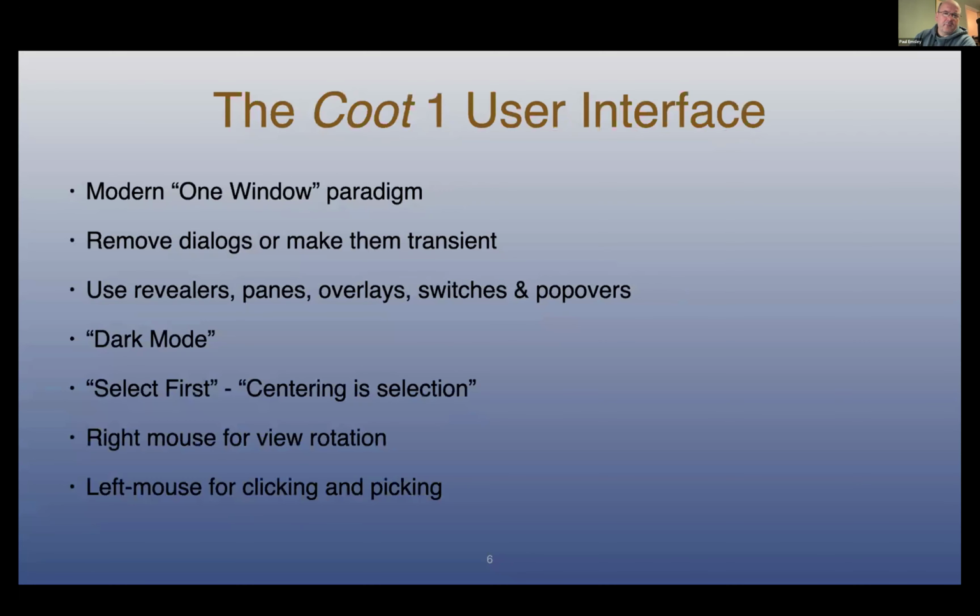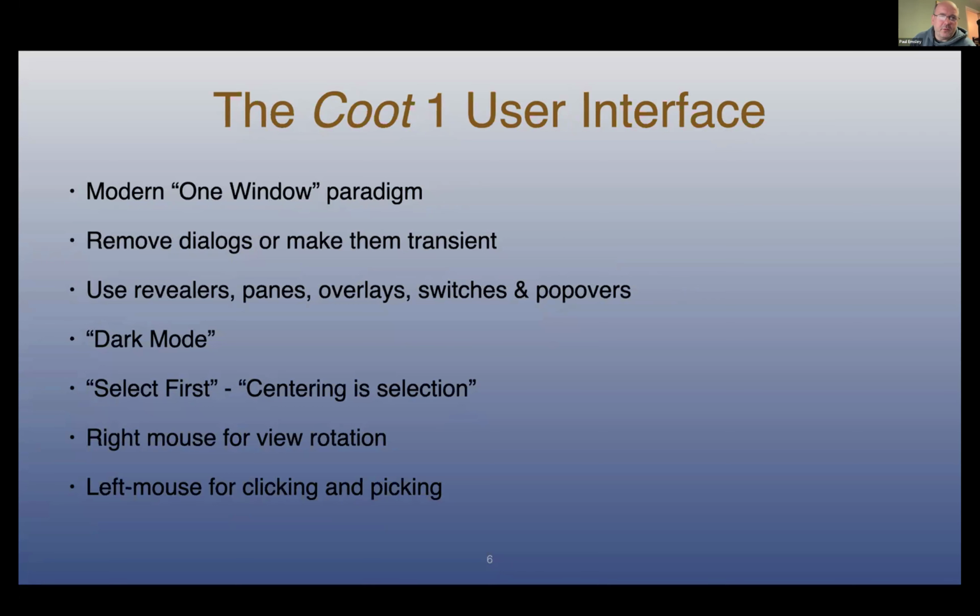I've got a screenshot. So like ChimeraX, the move from Chimera to ChimeraX, Coot followed along the same path to some extent, at least in this first example here. Very much so.